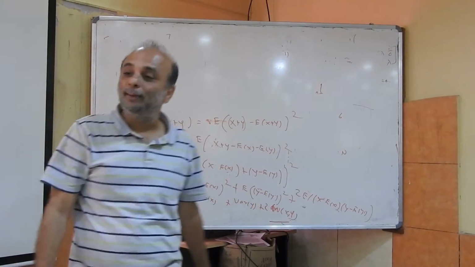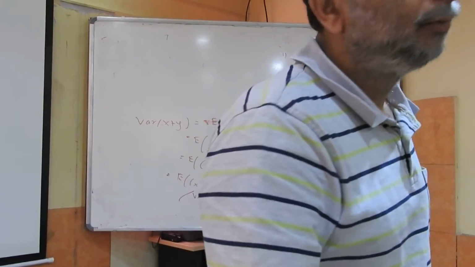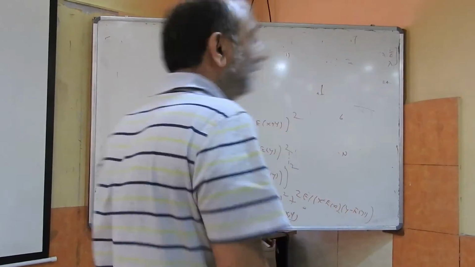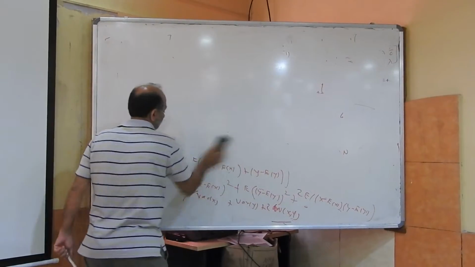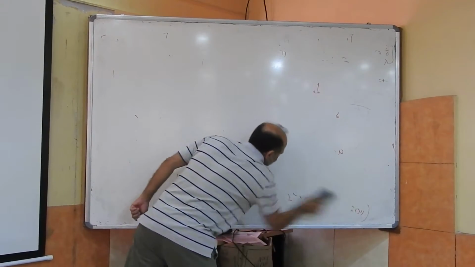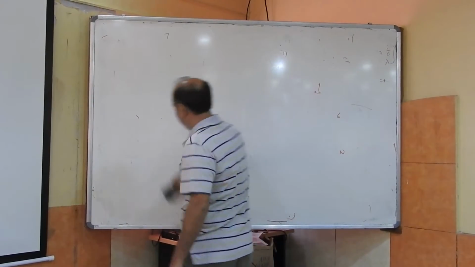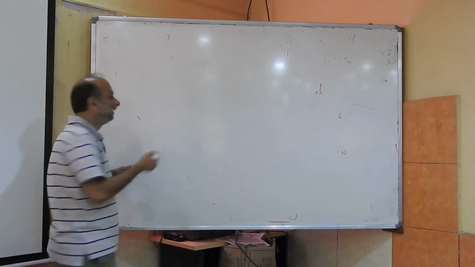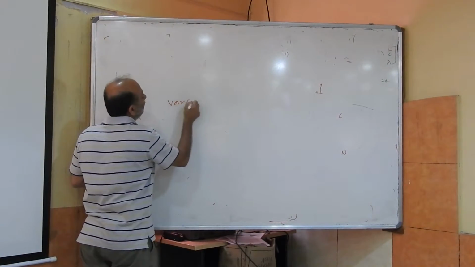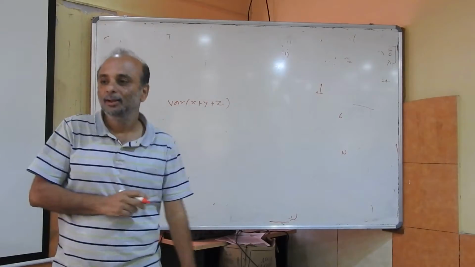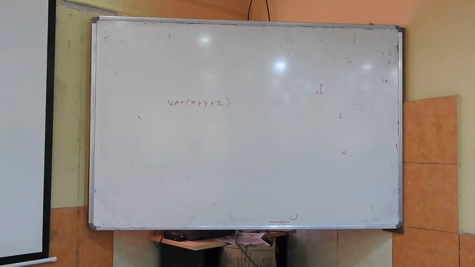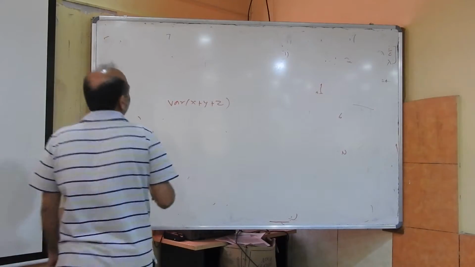Okay, so let me test your understanding on this. Suppose I have x plus y plus z. What will be the variance of x plus y plus z? X and y, y and z, z and x. Please put pen to paper. If you put pen to paper, what would you do?